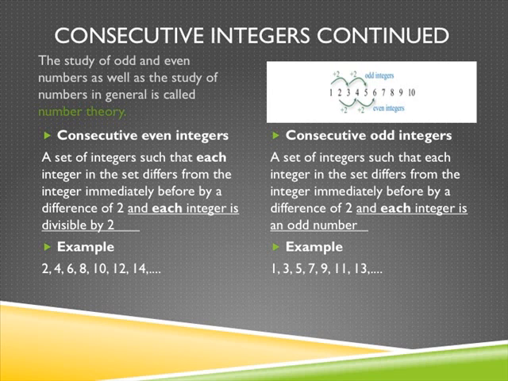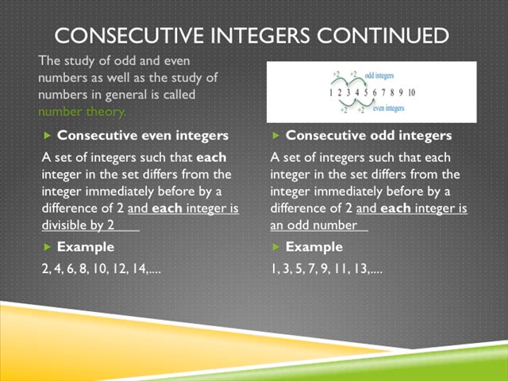We would like to go further to talk about consecutive even integers. Consecutive even integers are a set of integers such that each integer in the set differs from the integer immediately before it by a difference of 2, and each integer is divisible by 2. For example, 2, 4, 6, 8, 10, 12, and 14 are all divisible by 2.